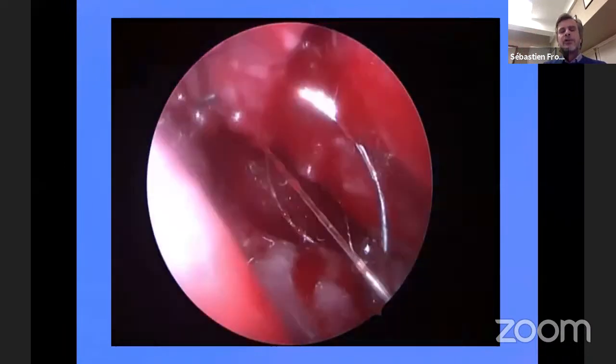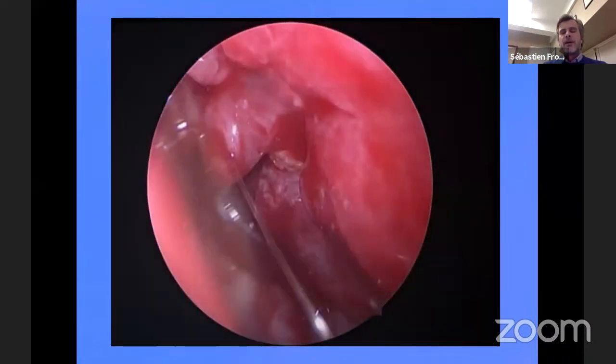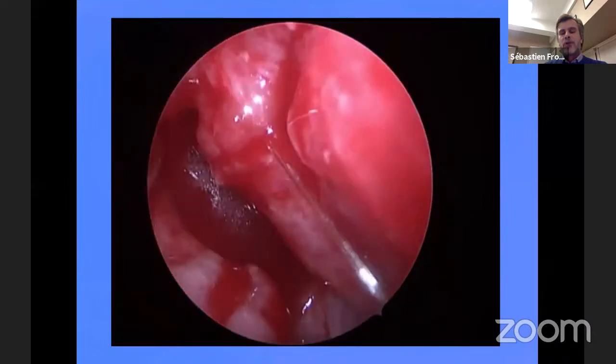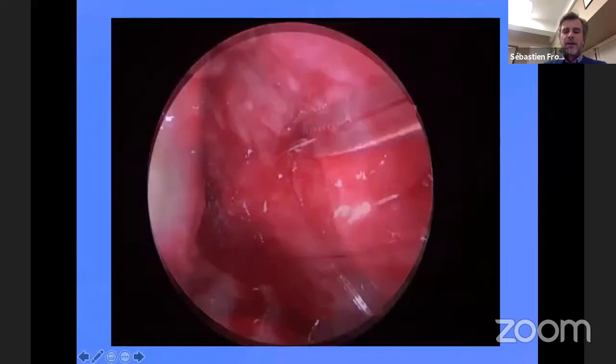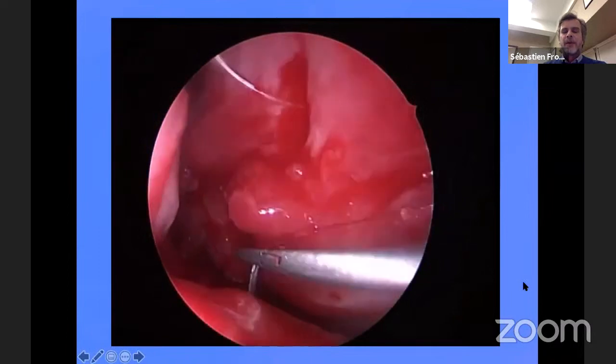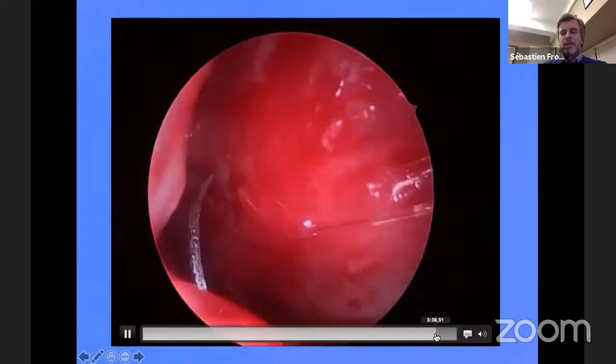So here I do a running stitch, and at the end I block the knot with a little titanium clip.